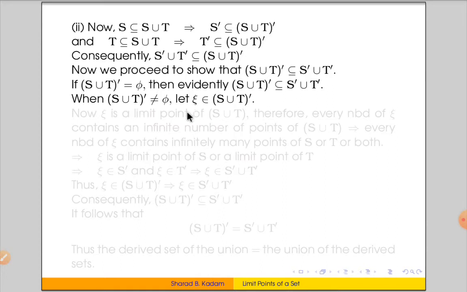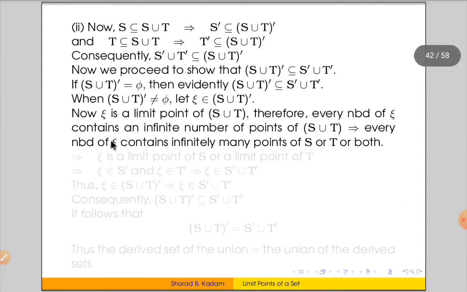So we consider xi be an arbitrary element in derived set of S union T. Then by the definition of limit point, xi is a limit point of the set S union T, and every neighborhood of xi contains an infinite number of points of S union T. That means every neighborhood of xi contains infinitely many points of S or T or both.